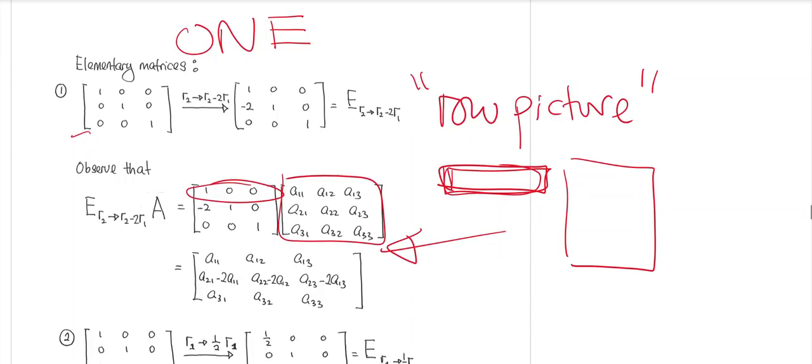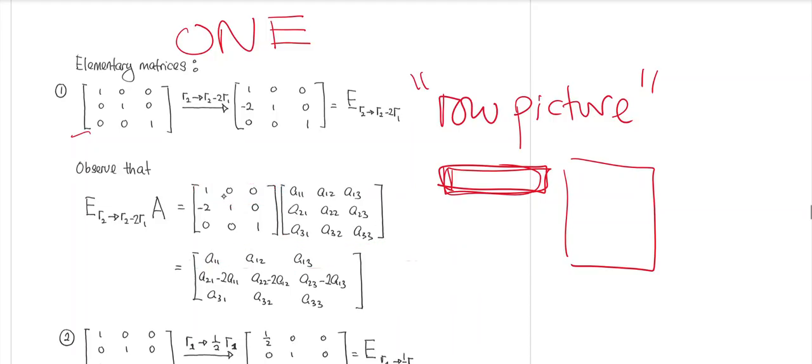So the row picture says that you take the 1, multiply the entire row, plus the 0 multiplying the entire row, which is nothing, plus 0 multiplying the entire row. So the end result of taking this row vector multiplied with this matrix is that it gave you the first row.